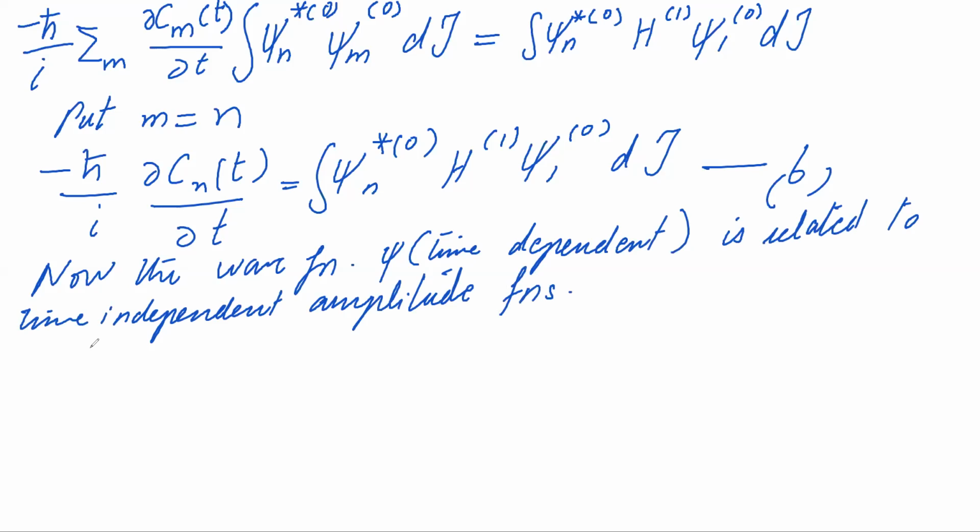So we can write psi n with the superscript 0 is equal to psi 0 n with the superscript 0 e raised to minus iota E n t over h bar.